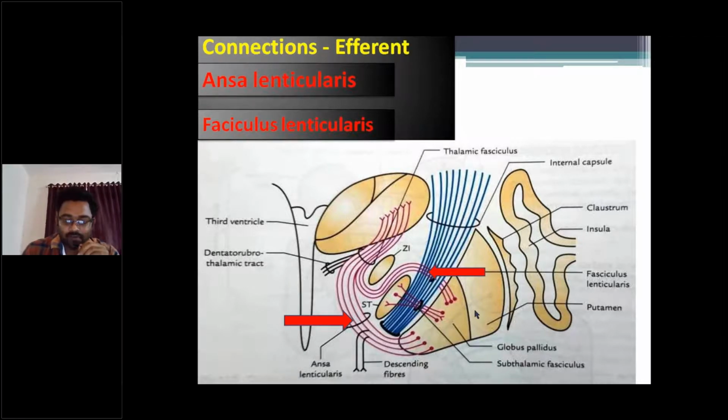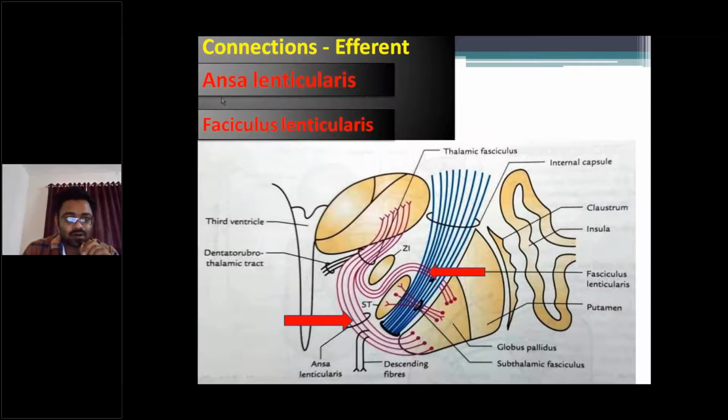So globus pallidus forms the main efferent component. Fibers arise from globus pallidus and terminate into thalamus. Before termination into thalamus, fibers arise from globus pallidus in the form of two bundles.